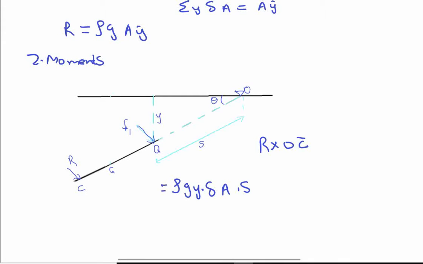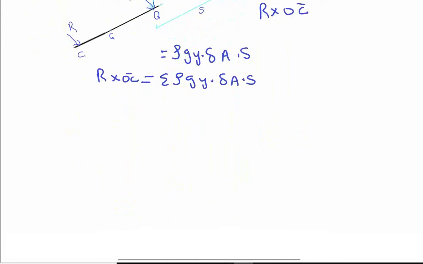So the moment about all the elements in that plane will be the summation of all those elements. So this is equal to R times OC.